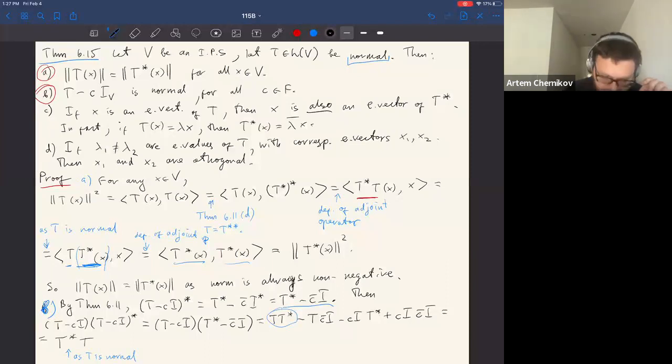Then here we have minus C bar I T, using that T is linear.